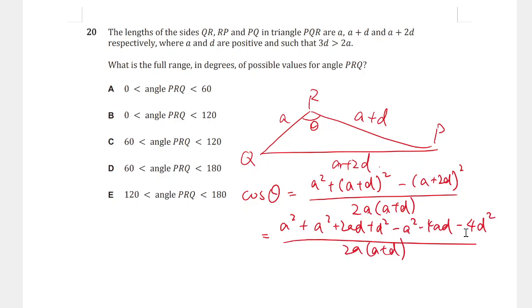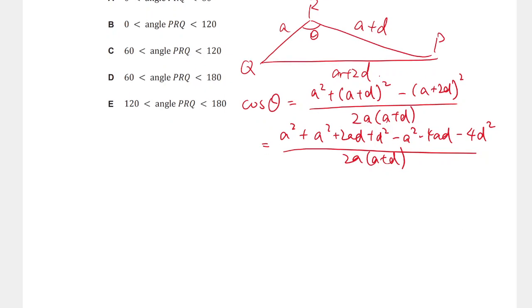So we're so good, yeah? Let me scroll down a bit so I gain some space. Okay, lovely. So now what do I have? The a squares cancel. So we have, just be very careful, minus 2ad minus 3d squared, correct? Over 2a, a plus d. Okay, so the top should factorize.